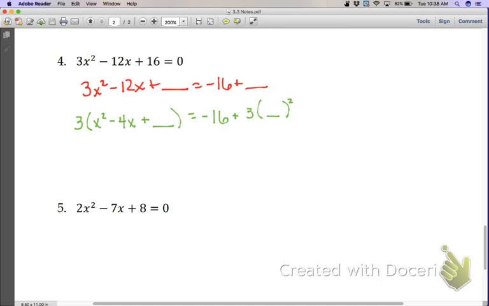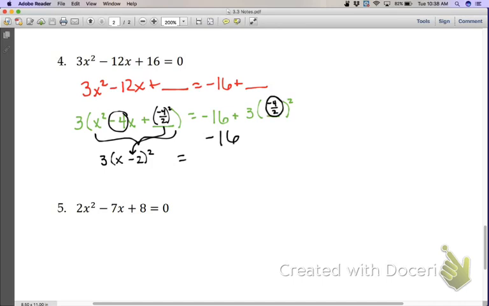So I'm going to take the negative 4 right here, divided by 2, and square it. So I'm going to take the same thing and have negative 4 divided by 2 there. So the left side will be 3 times (x minus 2) quantity squared, since negative 4 divided by 2 is negative 2, equals negative 16.